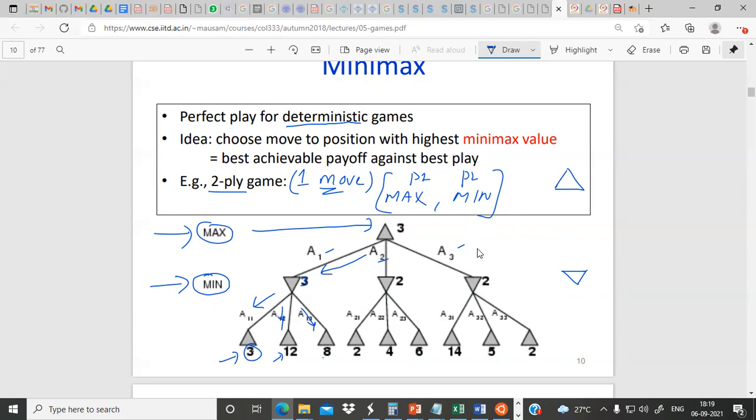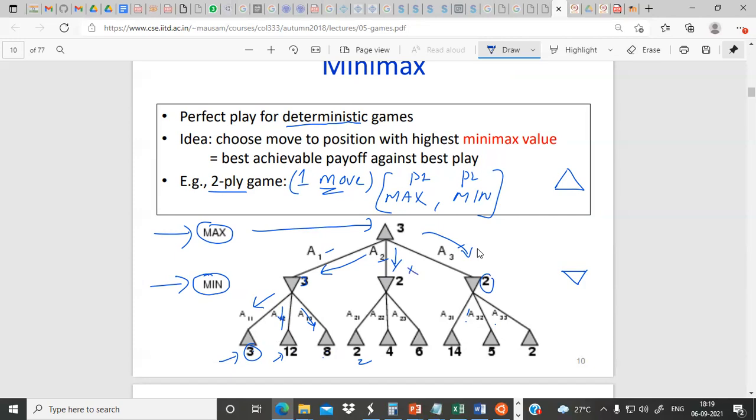Obviously, player one chooses the first path because player one always wants to maximize. But suppose player one chooses the second path. Then player two will choose the minimum, 2. If player one chooses the third path, then out of these three the minimum is 2, so player two will choose that.